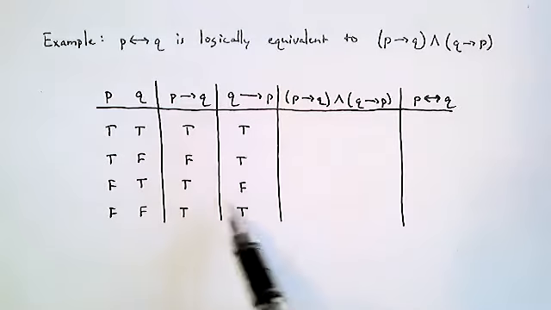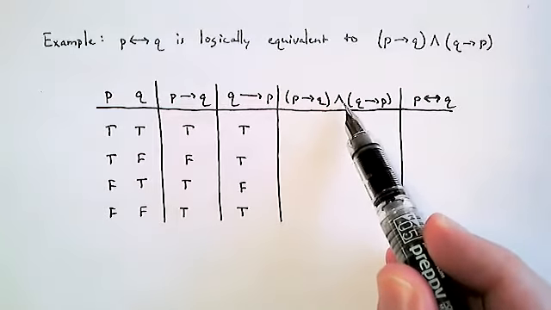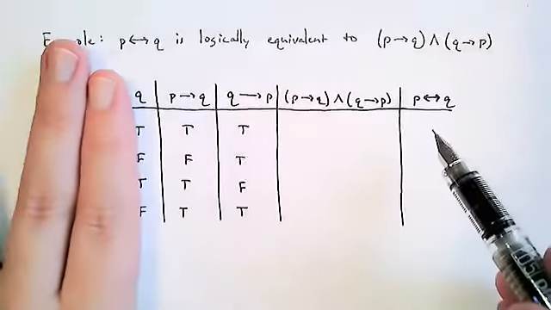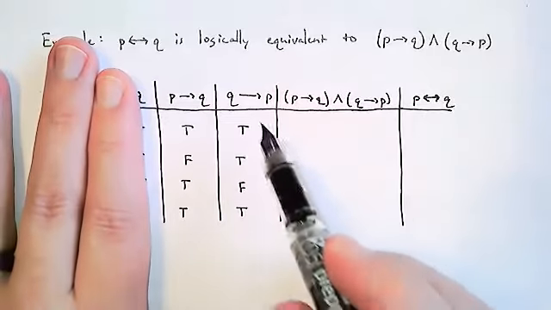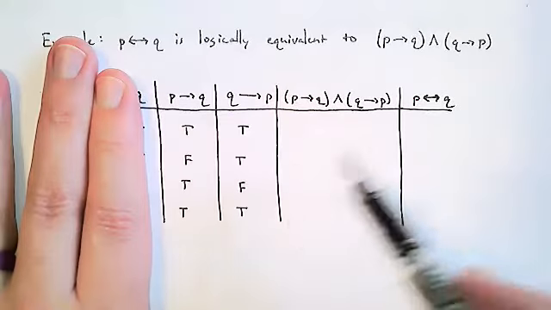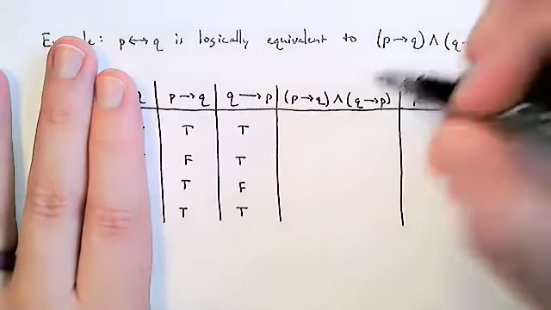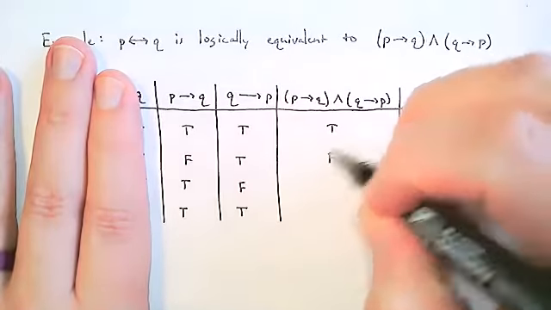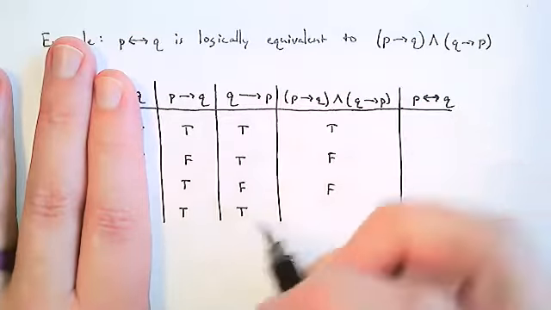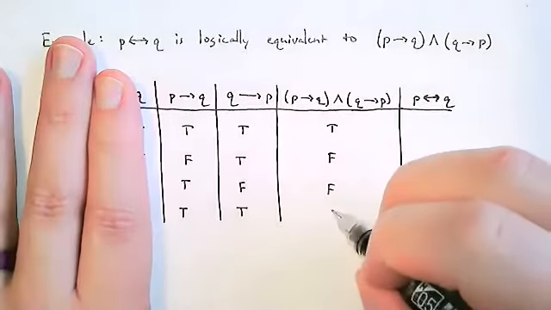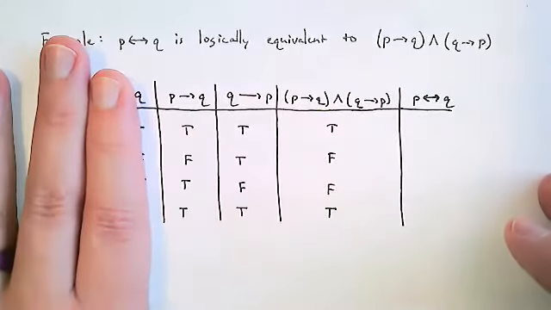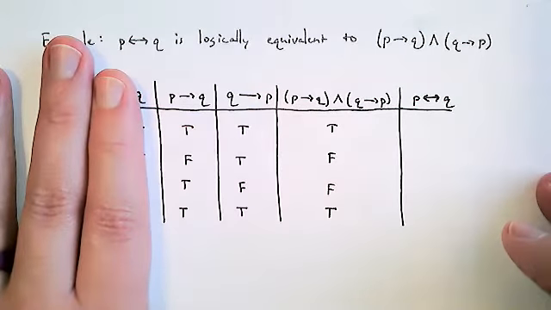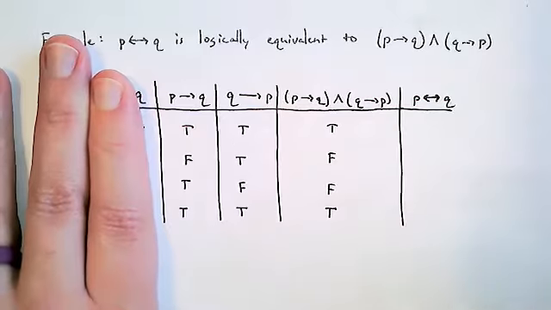Now we combine these two columns with an and. So we're going to ignore this and look for two trues here. So we get true, false, false, and then true again, where we have two trues. Okay.